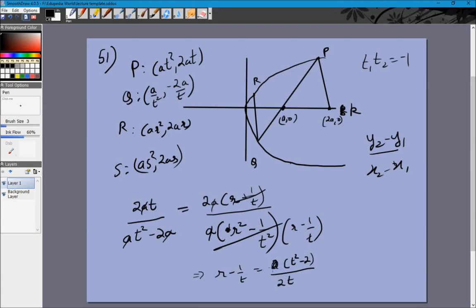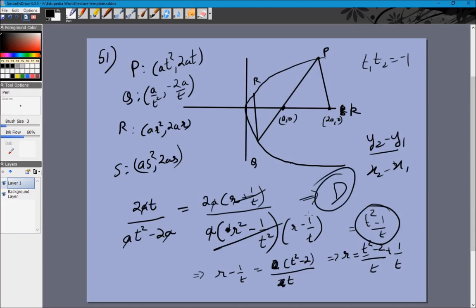Right, we can cancel 2 as well actually. So t square minus 2 by t, which means r is t square minus 2 by t plus 1 by t, which is equal to t square minus 1 by t. So r is t square minus 1 by t, which means the answer is option D.